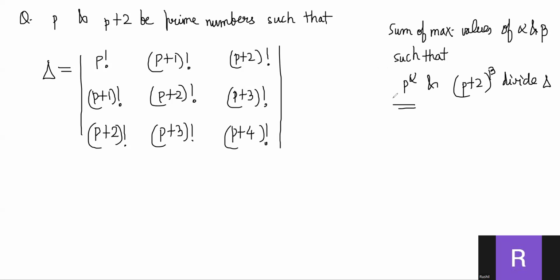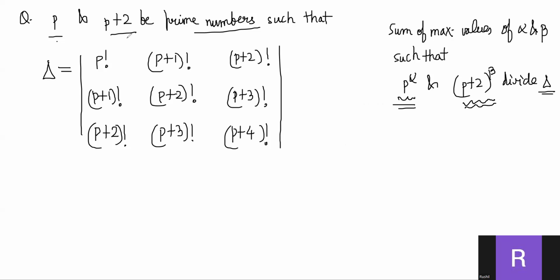So basically we have to find the maximum power of P that divides delta, the prime number that we can take out or factorize. Similarly, the maximum power of P plus 2 that we can take out. The question is on the basis of prime numbers P and P plus 2, which are twin primes.